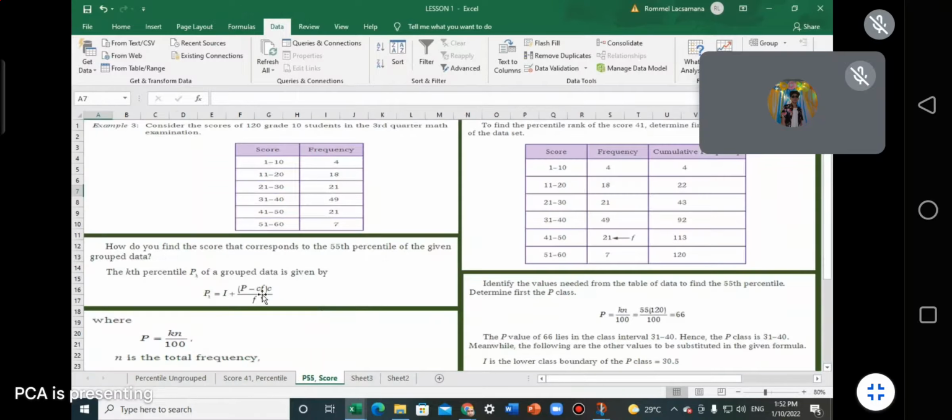Let's reverse. Okay, we use the same data and we're looking for the 55th percentile.